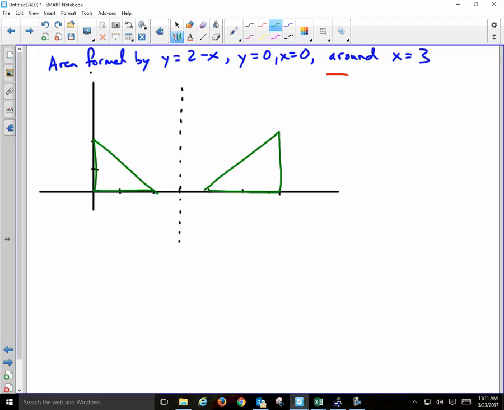We're going to draw that. Could you draw vertical rectangles and find the area of this first shape? Yeah, but I'm going to draw horizontal because I'm rotating it horizontally.